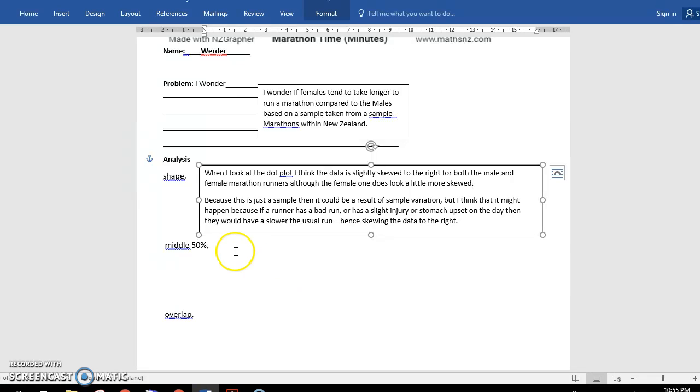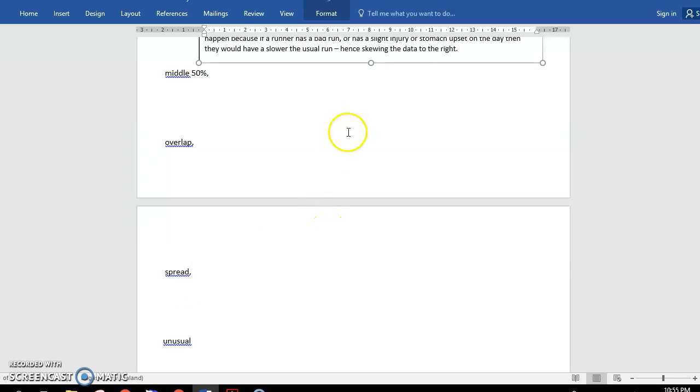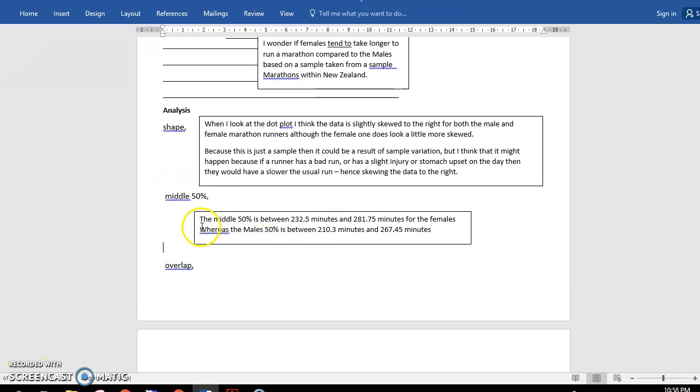All right, moving on. Middle 50%. I'm basically just going to tell you where the middle 50% is. I'll talk about it more when I get to the spread. So for the middle 50%, I might put something along these lines. It should be a simple enough statement. The middle 50% is between these values for the females, whereas for the males it's between those many minutes.